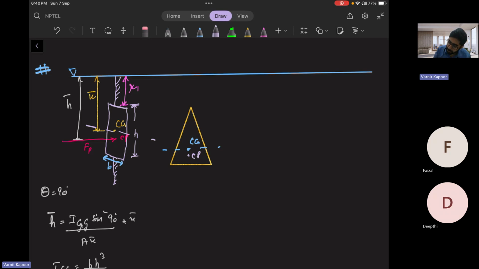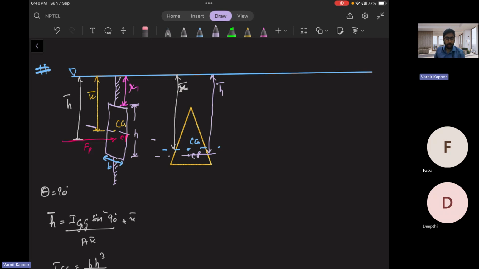From this, X bar will be how much? X bar is this much, the vertical depth of the center of gravity, whereas H bar is the vertical depth of the center of pressure point.